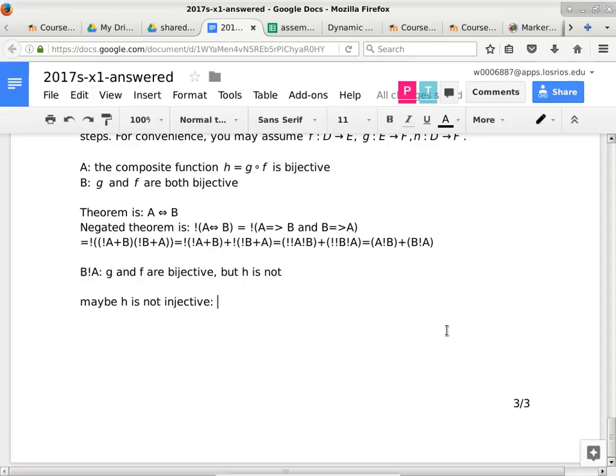So if I write down here, I will say since D, E, and F all have the same cardinality, H not being injective means there's some element X in F that is not mapped. And why would that be a problem?